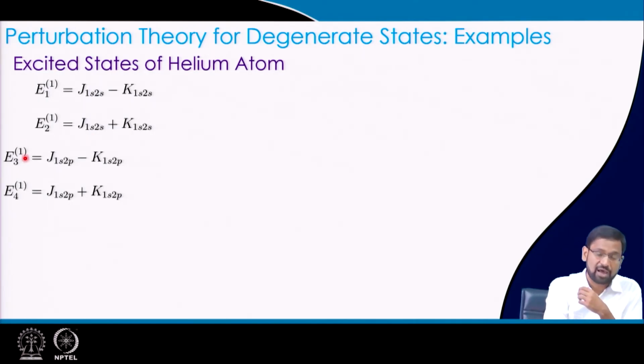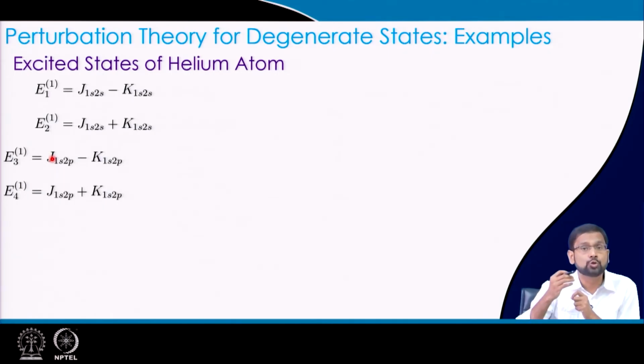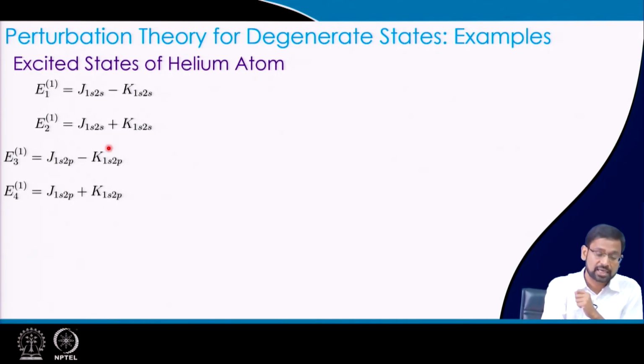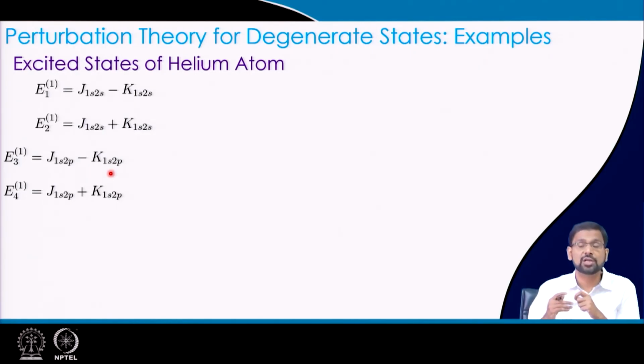So, therefore, the eigenvalues are going to have the same overall appearance, except for the fact that E3 is Coulomb integral minus exchange integral, E4 is Coulomb integral plus exchange integral, just like E1, E2, except for the fact that here the Coulomb integral is between 1s and 2px orbital, and this is exchange integral between 1s electron and 2px electron.